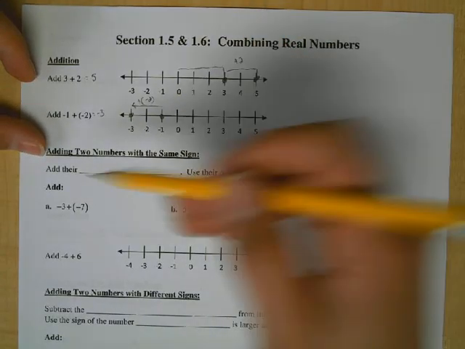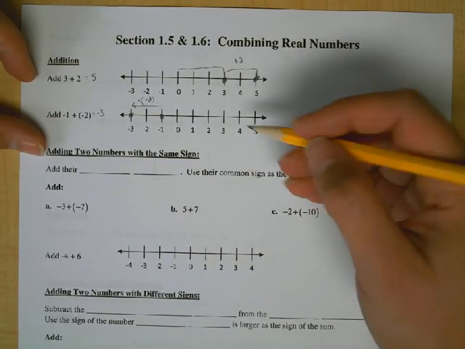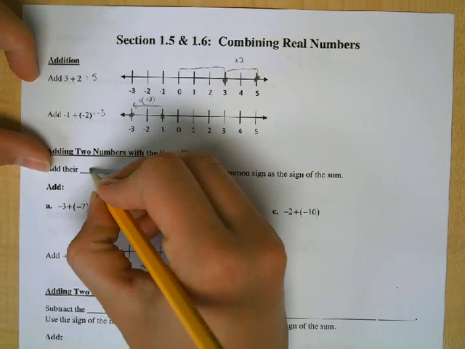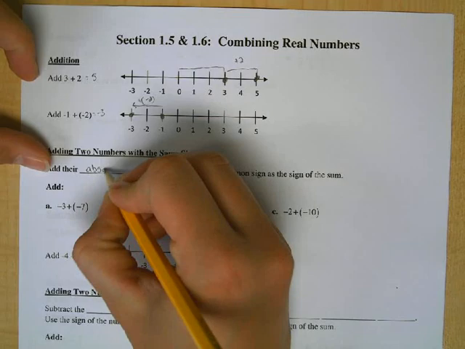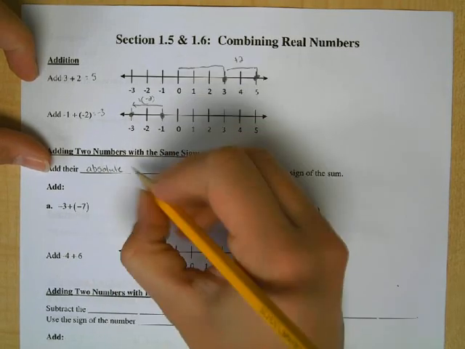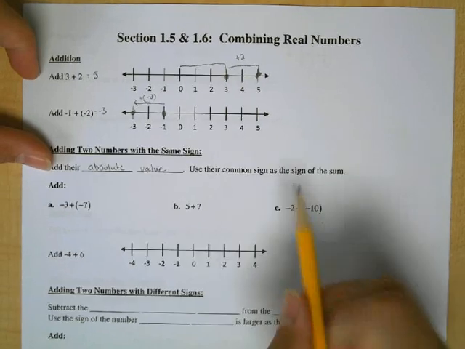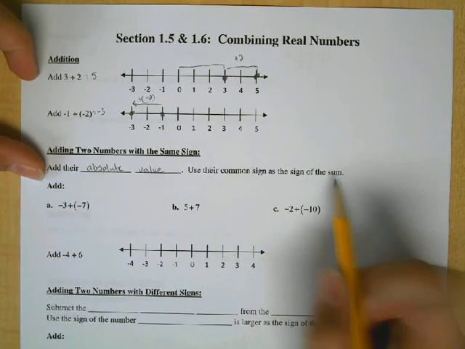Okay, so adding 2 numbers with the same sign. If I'm adding 2 numbers with the same sign, add their absolute value, so add the actual number itself, the distance away from 0, and use their common sign as the sign of the sum. Okay, use the common sign.